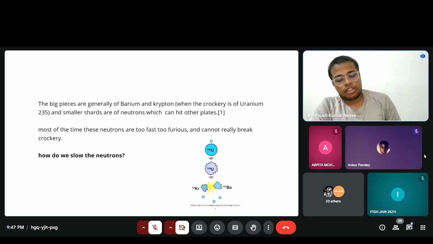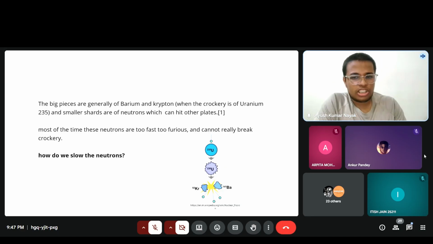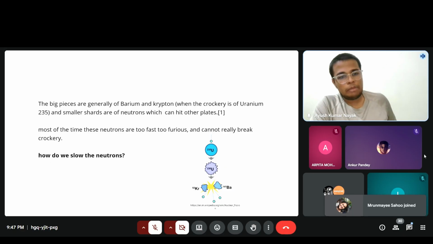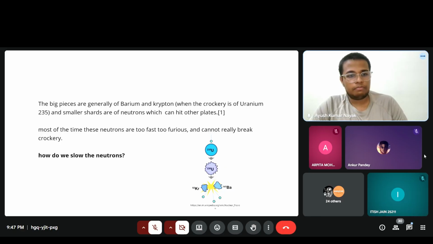The thing is, most of the time these neutrons are traveling way too fast and cannot really break crockery. I can talk about it later in the discussion part, but for the time being, if a neutron is too fast, it cannot really break other atoms easily.